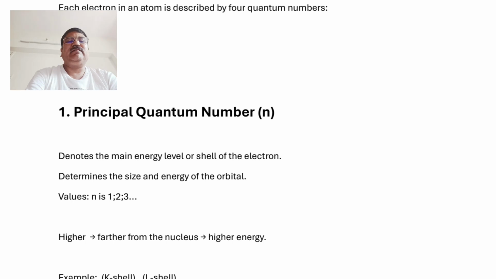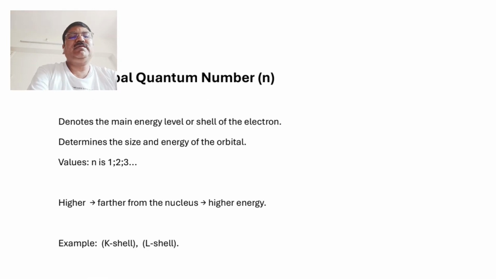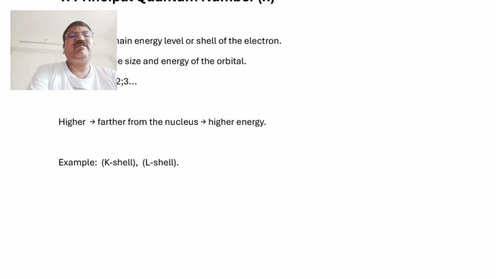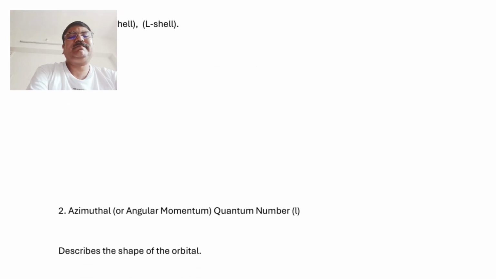Then n equal to 3 is the higher principal quantum number and it has a higher energy level. Is it clear? So the principal quantum number is represented by the letter n, and n is always 1, 2, 3, 4. It explains the energy level of various orbitals.